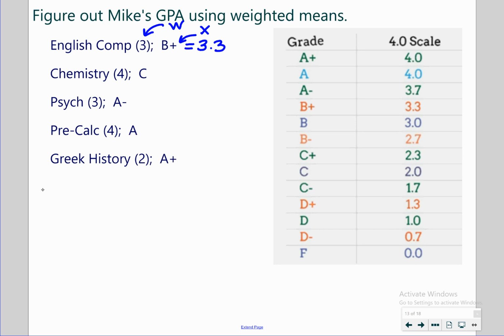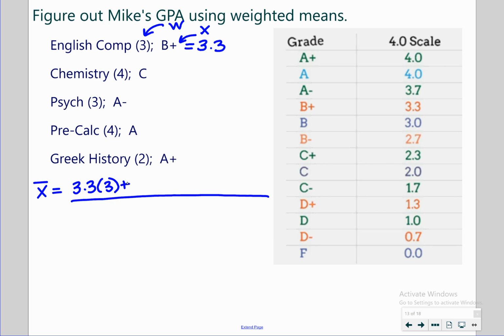So if I were going to start calculating his GPA, his weighted mean, for that first class, he earned a 3.3 on the scale because he got a B plus, and that was weighted 3. Make sense? Okay, see if you can finish it now.